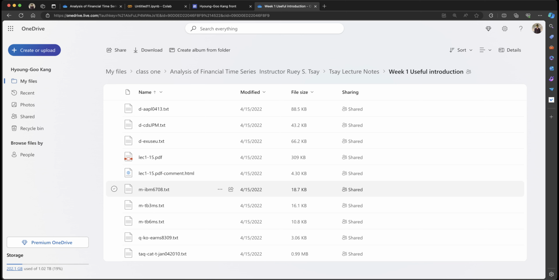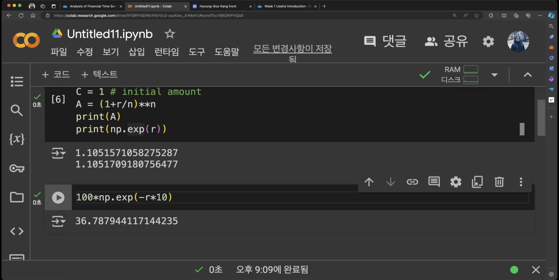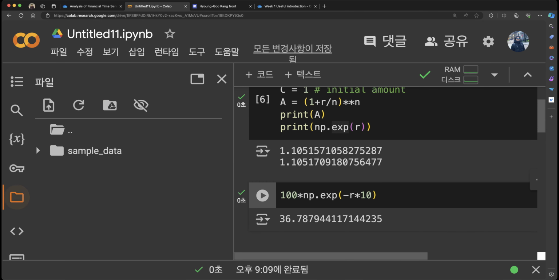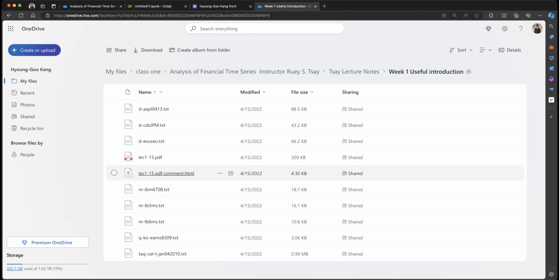So for Python, because we use Python, here we can upload data. So here we upload this data. You can download this data and upload this data.